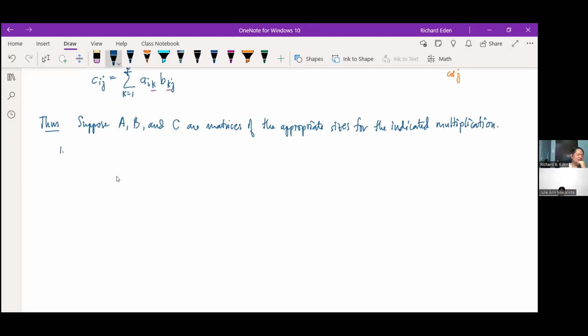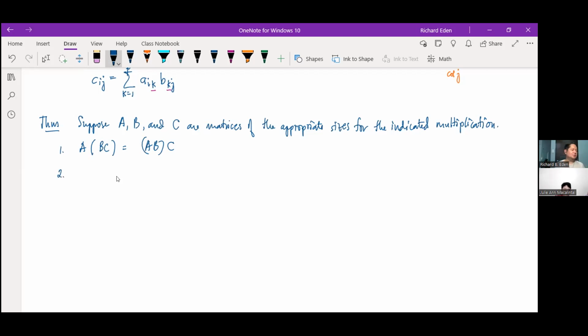Number 1, A multiplied to BC is equal to AB multiplied to C. In other words, while matrix multiplication may not be commutative, it is at least associative. As long as you don't change how they're written from left to right, which two matrices you decide to multiply first is not going to make any impact.